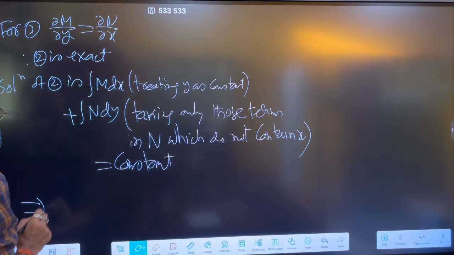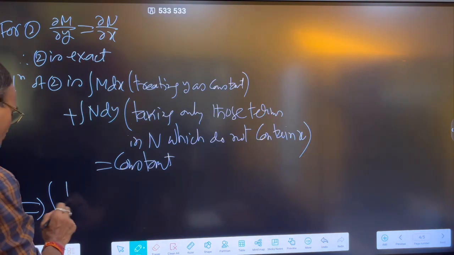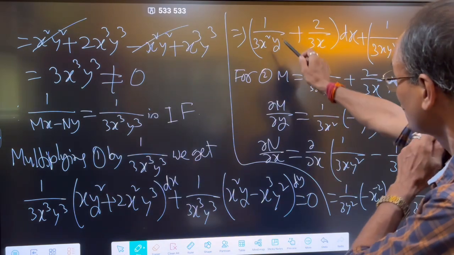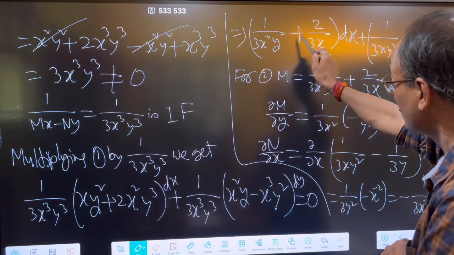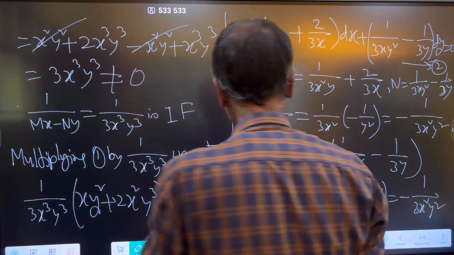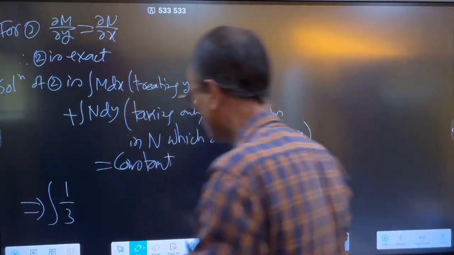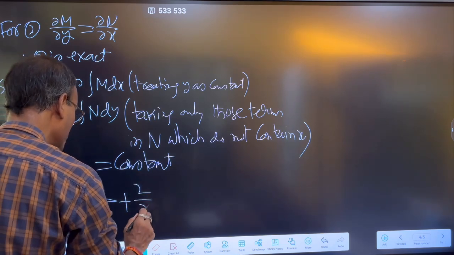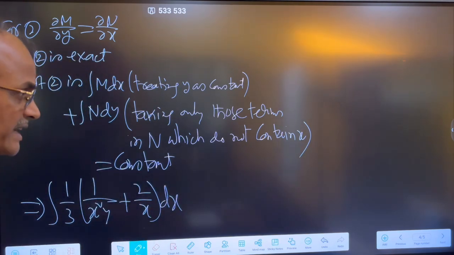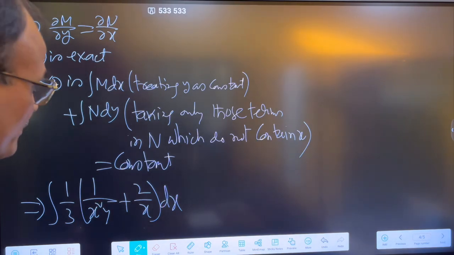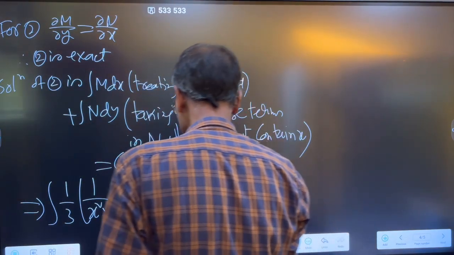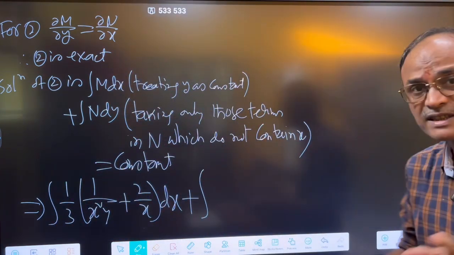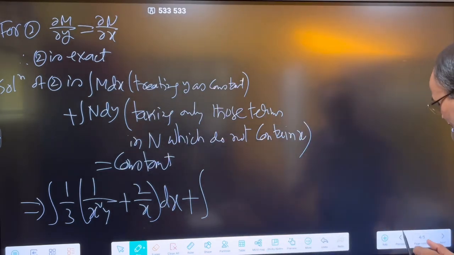Therefore, 1 by 3 can be taken common. 1 by 3 integral of (1 by x square y plus 2 by x) dx, plus integral taking only those terms in n which do not contain x.